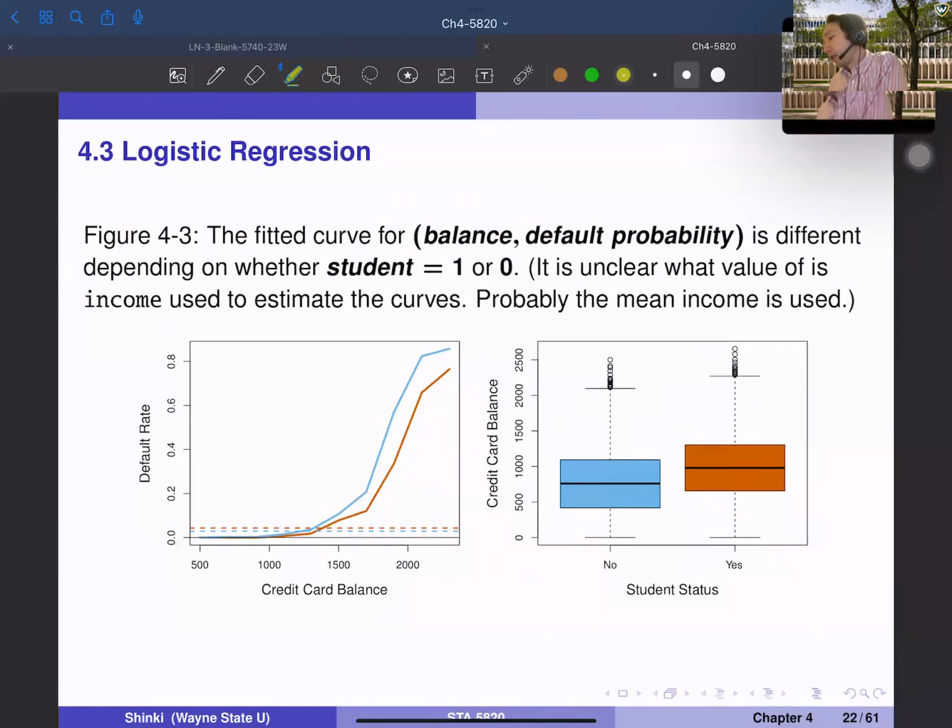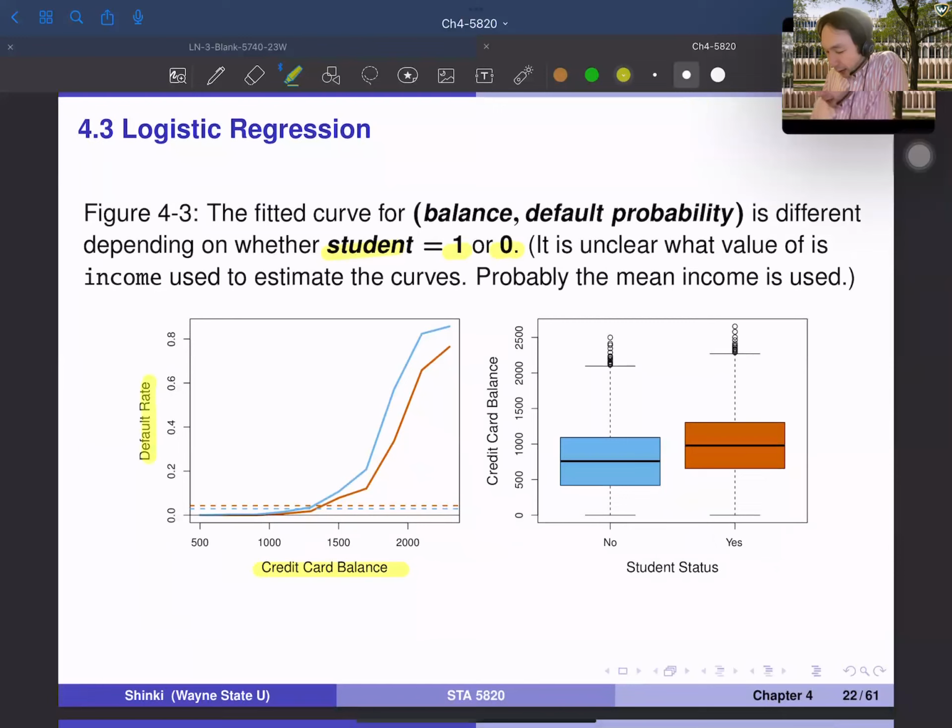This is the credit card balance, and this is the default probability. The red one is student and the blue one is non-student. So given the same credit card balance, students have smaller default probability.